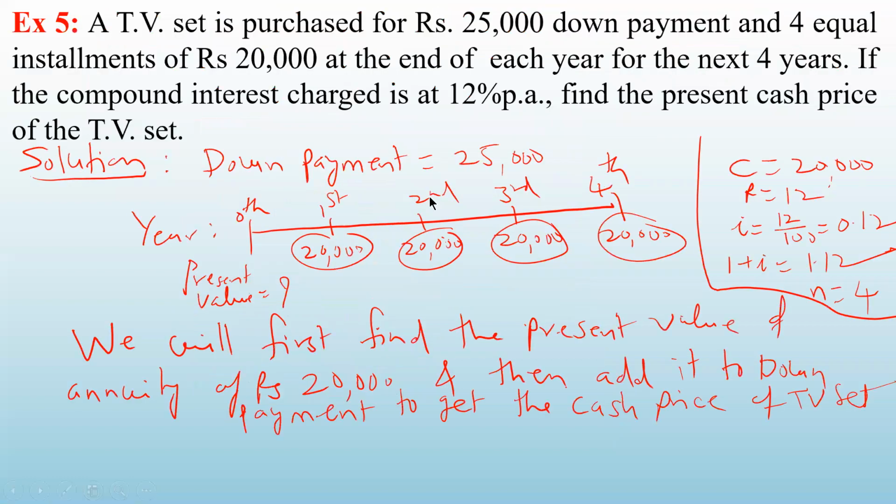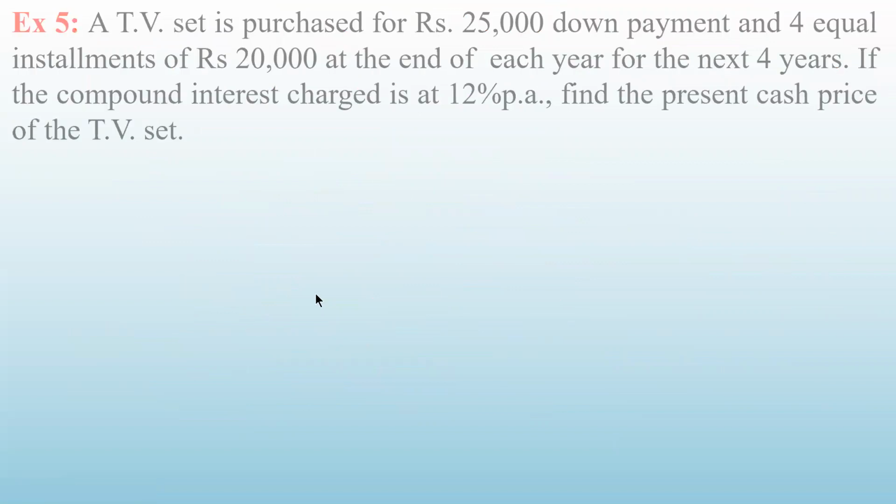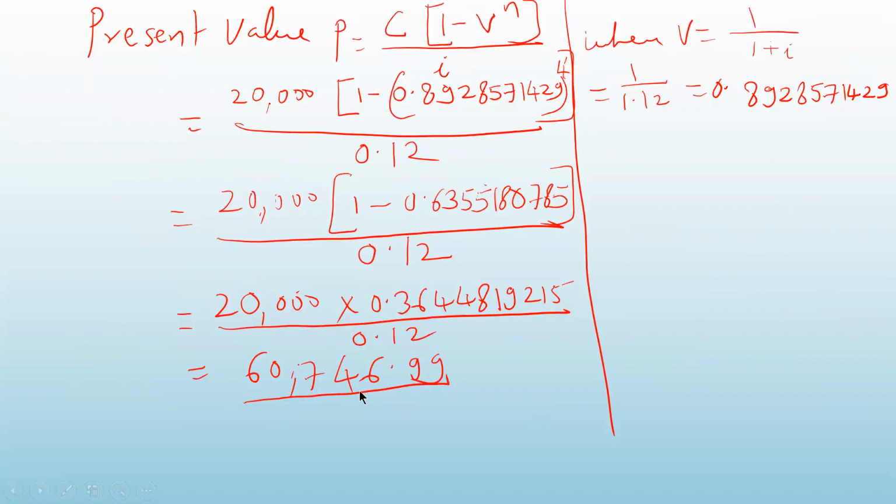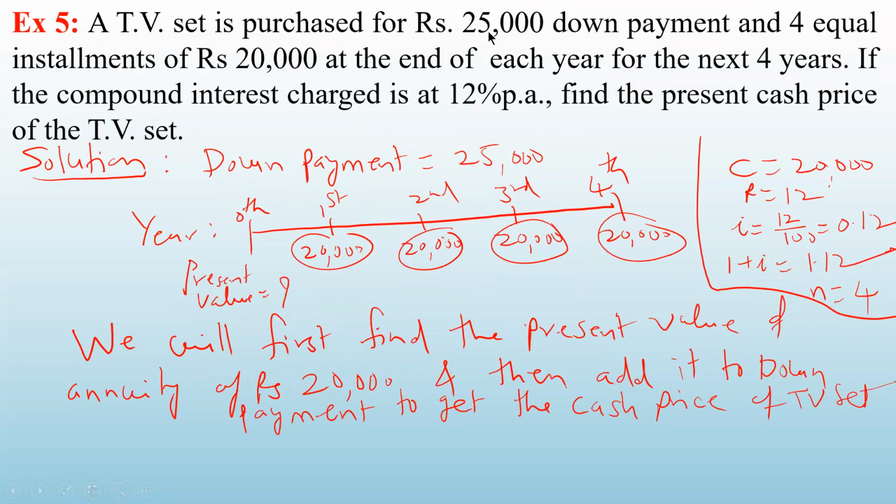So this is the present value of 20,000 paid 4 times. Four times you actually pay 80,000, but its present value is 60,746. So what will be the present cash price of the TV? This present value you add to the down payment, that is 25,000.